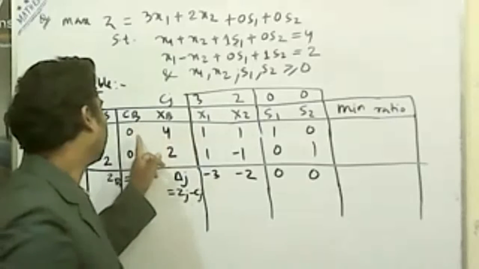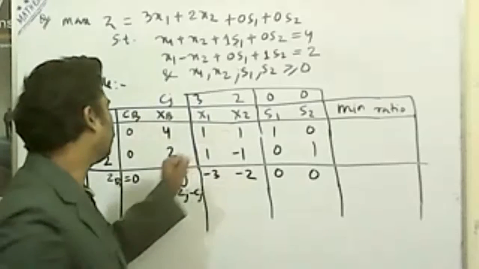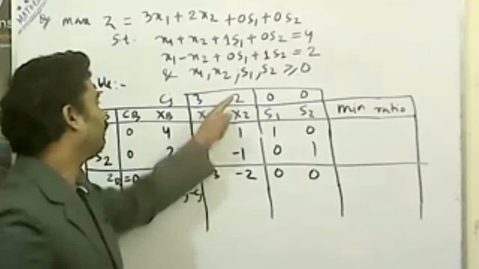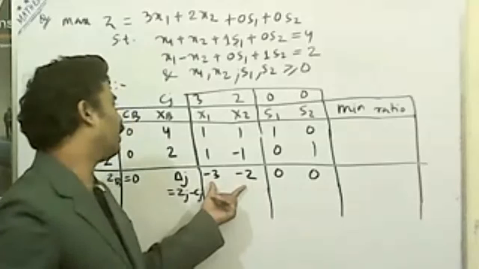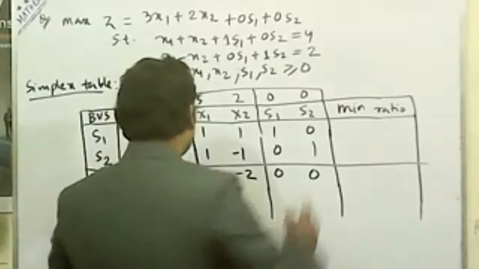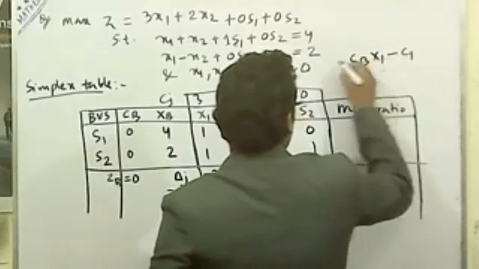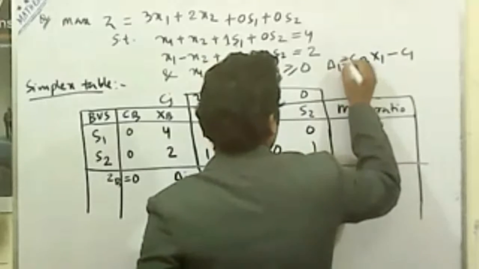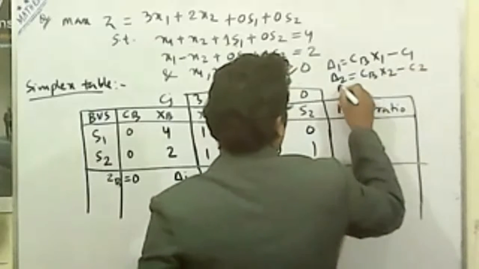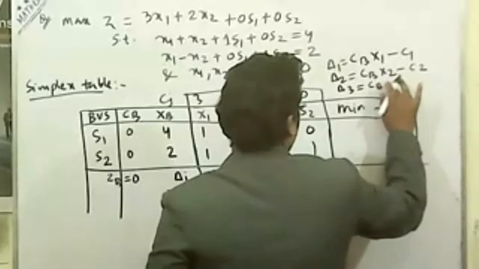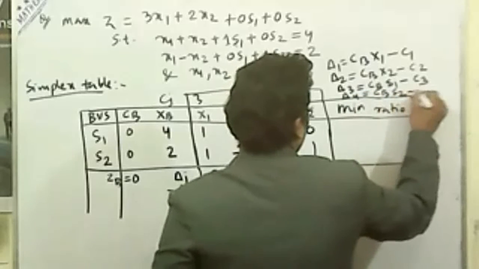So we get minus 3, minus 2, 0, 0. Delta 1 is CB into X1 minus C1, delta 2 is CB into X2 minus C2, delta 3 is CB into S1 minus C3, and delta 4 is CB into S2 minus C4.